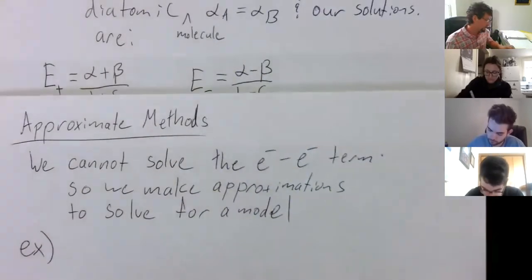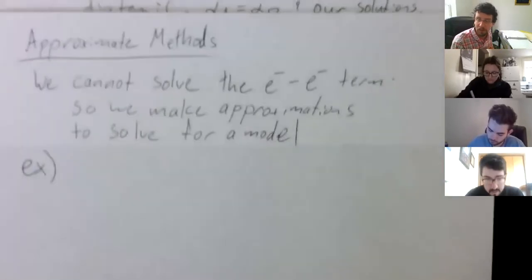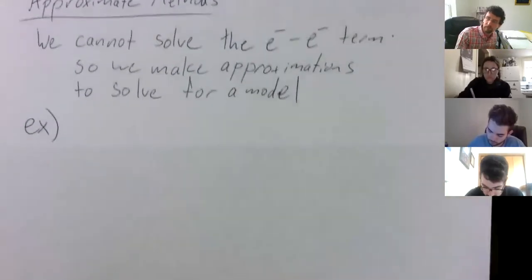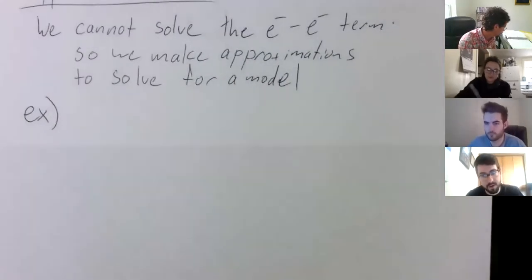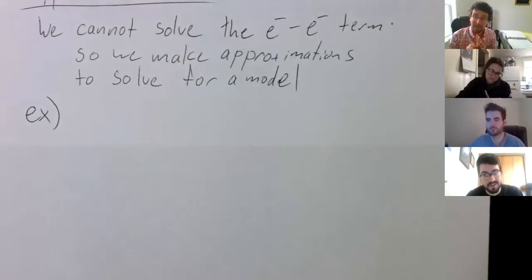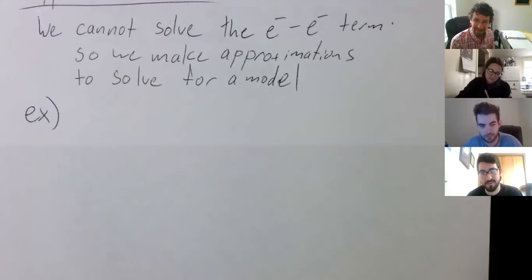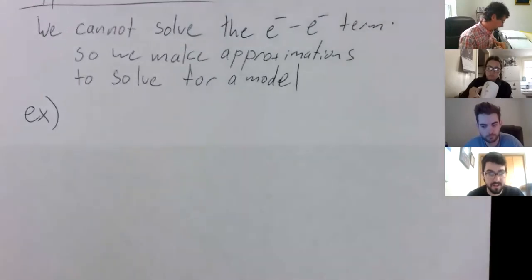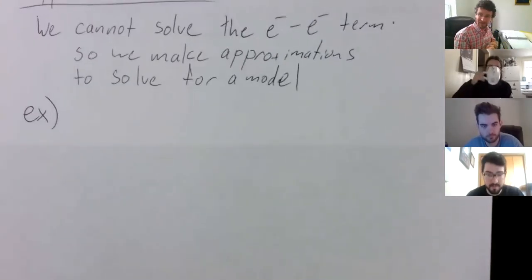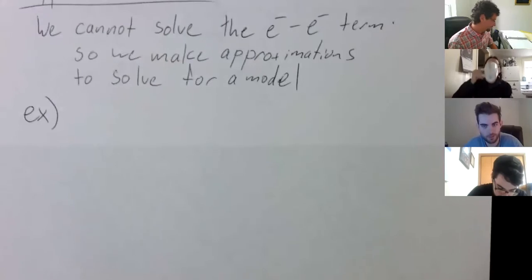So you guys know some of these approximations. Tell me one of them. Born-Oppenheimer. That is true. I meant more like electronic methods, or what have we been using in lab? Tell me something in lab. Like Hartree-Fock.